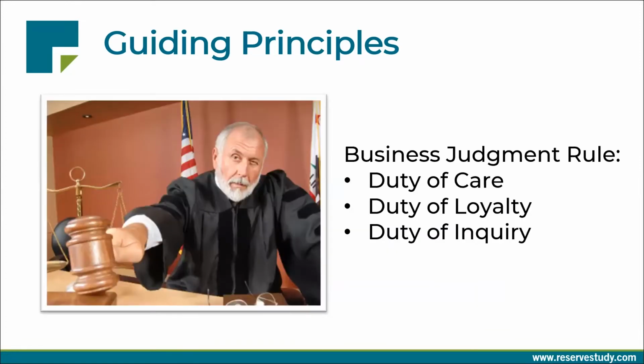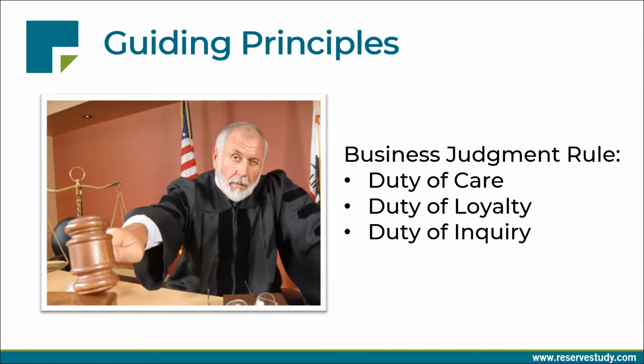And my last comment about your role is to just remind you that if your actions are ever challenged, what you've done will be measured by the 3-part business judgment rule. So you always want to have this in the back of your minds, that you want to be able to demonstrate that you acted such that the association got good quality care, and that you were focused on making sure you were loyal first to the needs of the association before your own personal agenda or pocketbook, and that you reached out for counsel or professional help when you didn't know what to do.